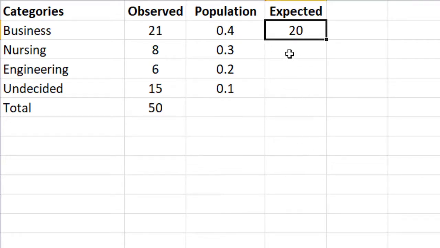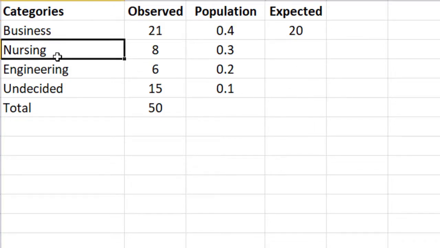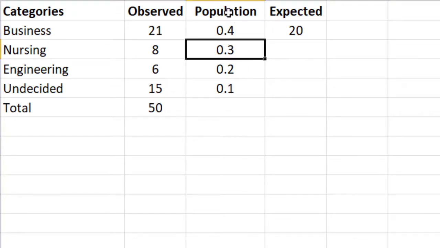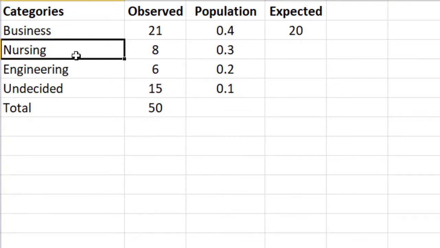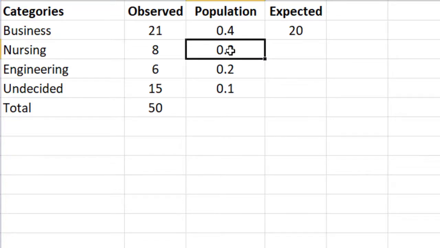Let's move on to the next category, namely the nursing major in this student population who are taking that math course. It is claimed that the population proportion of this major is 30%. If H sub 0 was true, I keep emphasizing, the null hypothesis claims that all 4 of these are correct.